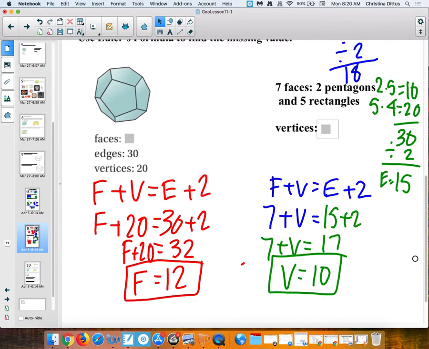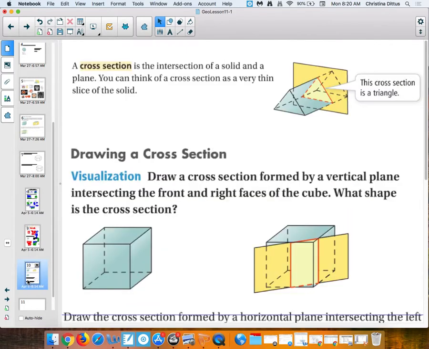Okay. This last part is about cross sections, and like I told you, this is the hardest part that I have a problem with, is visualizing if I cut it, what it would look like. Some of you will be really good at this because you're visual people. I am not one of those people. So if you struggle, I'm with you. A cross section is when we take a solid and just cut it.